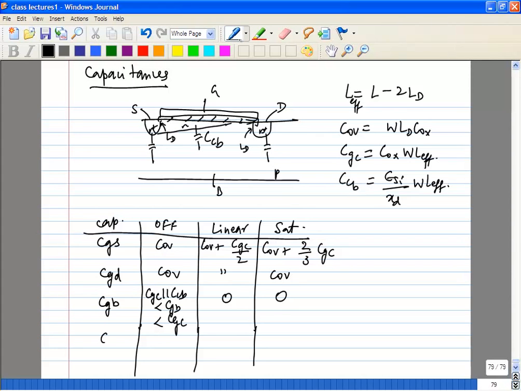Then CSB and CDB, the source to bulk and drain to bulk capacitances. So these are the 5 capacitances of the device. Let's call these CJSB and CJDB, the junction capacitances. When it's off, it is just CJSB, and when it's linear, you have CJSB plus CCB over 2. In saturation, CJSB plus 2CCB over 3.